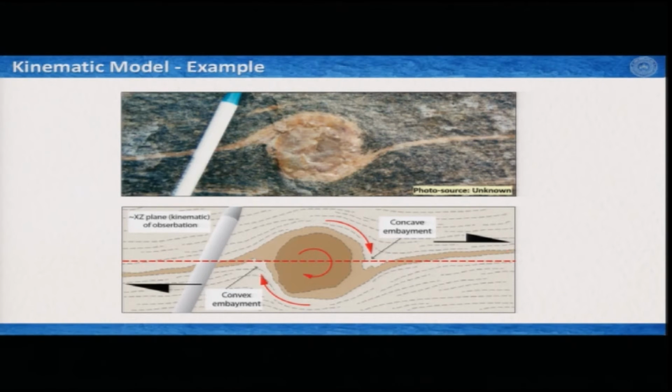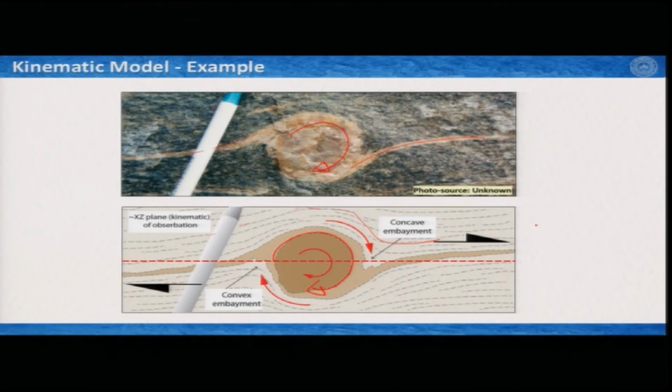Now, it is possible to look at this structure and, with some other observations, say that this little ball inside is maybe rotating this way, and therefore you have some sort of tail-like features at both ends. You can also construct these foliations or little layers outside, that concave embayment, which also proves that while this little ball is rotating, it was also dragging the other layers.